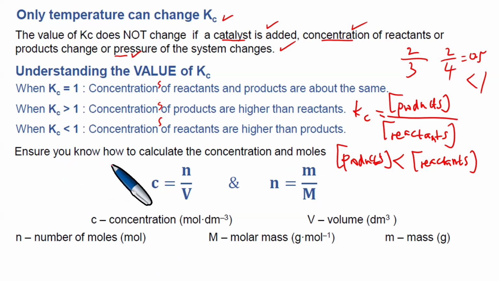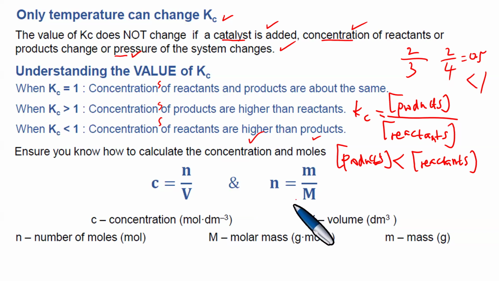Ensure you know how to calculate the concentration and the moles. These ones we need to remember. Concentration is number of moles over volume, and concentration, for instance, is measured in moles per decimeter cubed. But also remember, how do we find the moles?